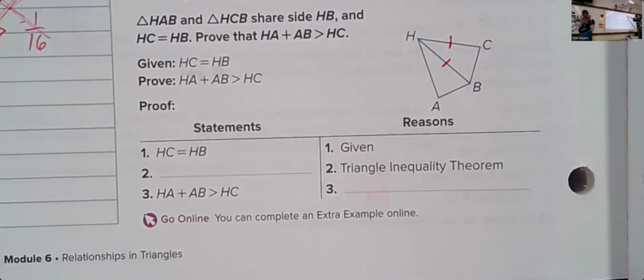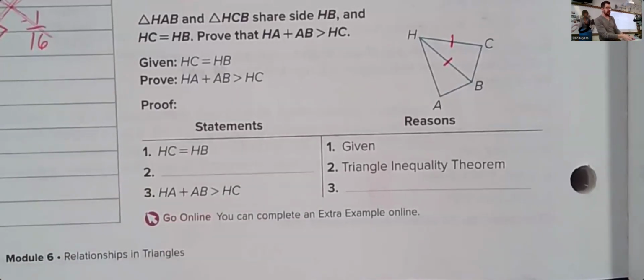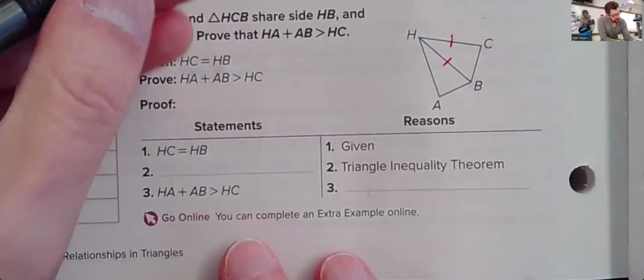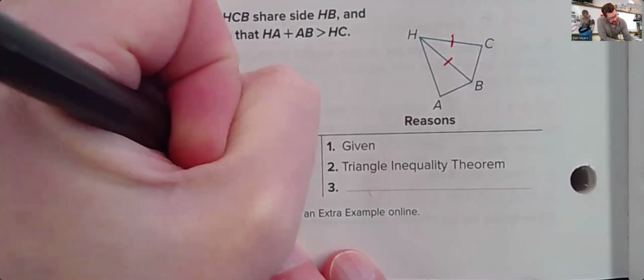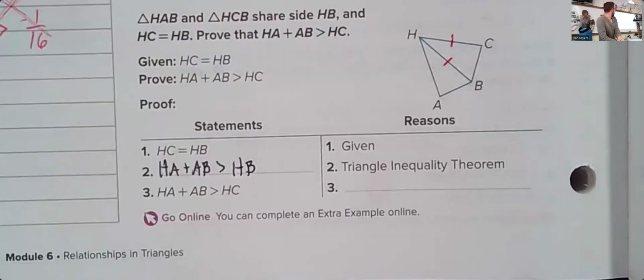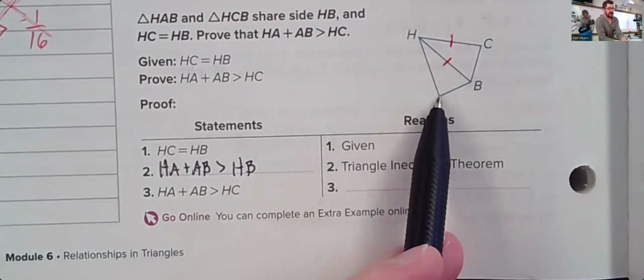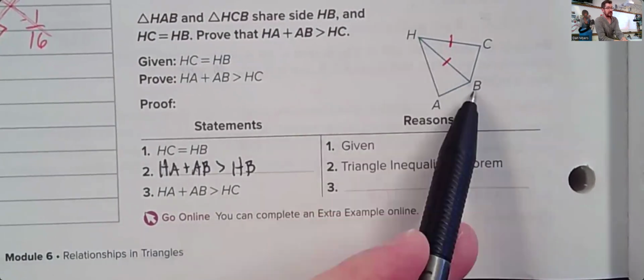Is it true that this one plus this one has to be more than that one? Yeah. So let's write that. Because we're just going to basically write the same thing as step 3, but instead of saying HA plus AB is greater than HC, we're going to say HA plus AB is greater than HB. So this one plus that one is greater than HB.